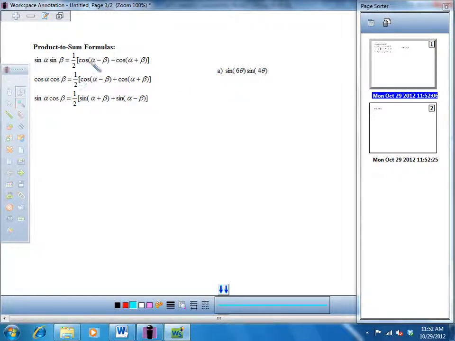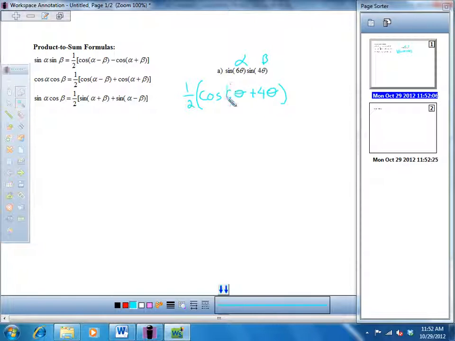So what I do is I just plug in 6 theta in for A and 4 theta in for B. So when I do this, what I get is 1/2 of, and don't forget big parentheses first, cosine of, this is alpha and this is beta, okay? And so that's 6 theta plus 4 theta, and that itself is in parentheses.